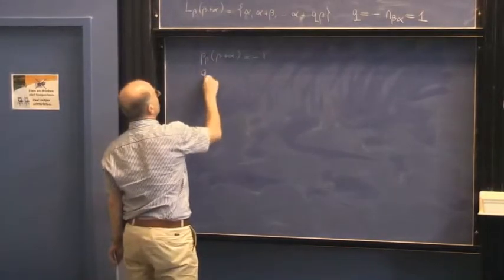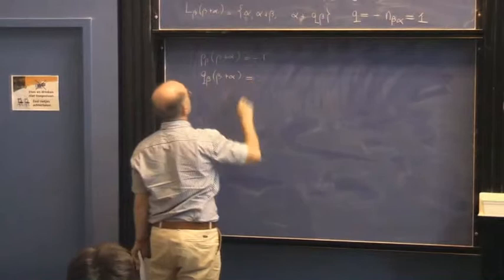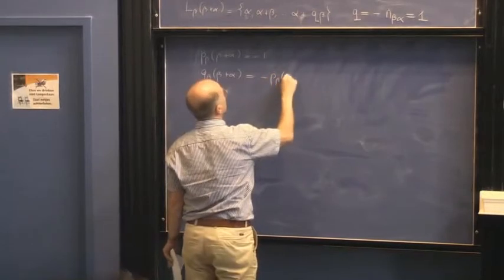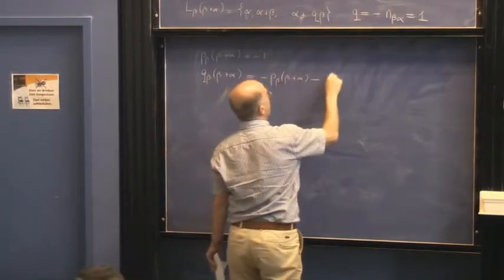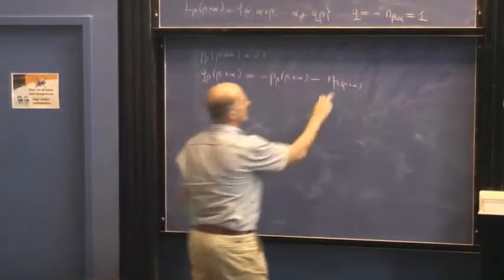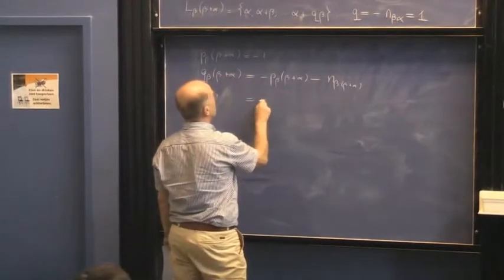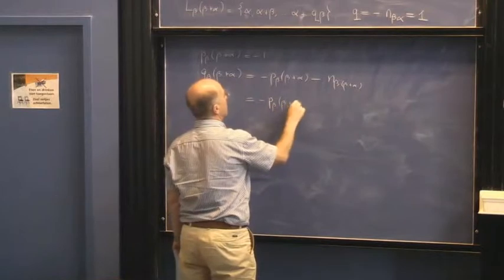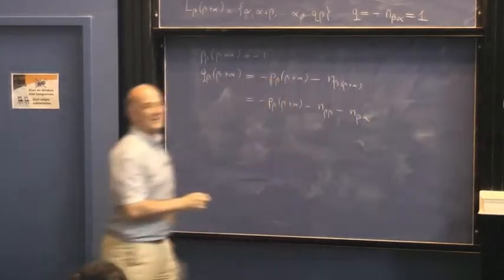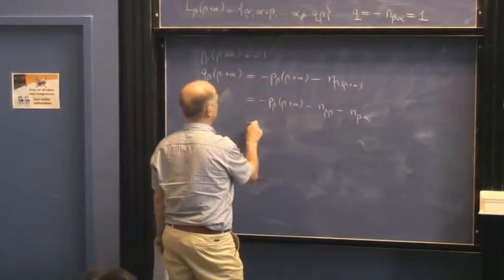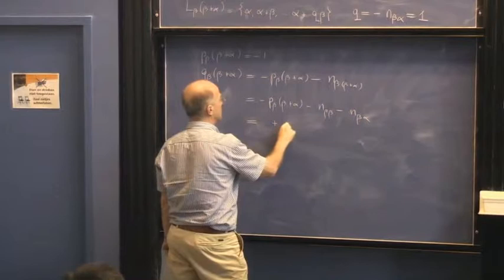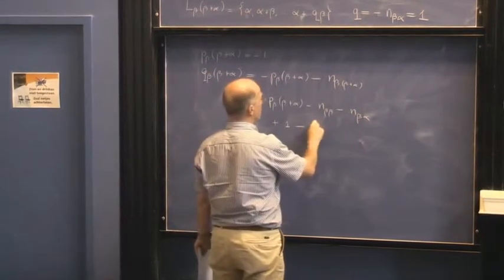And now the Q of beta plus alpha would be minus p of beta, beta plus alpha, minus n of beta, beta plus alpha. And now I'm going to use linearity in the second slot. So this will be minus p of beta, beta plus alpha, minus n of beta, beta, minus n of beta, alpha. And then this is now plus 1 minus 2.